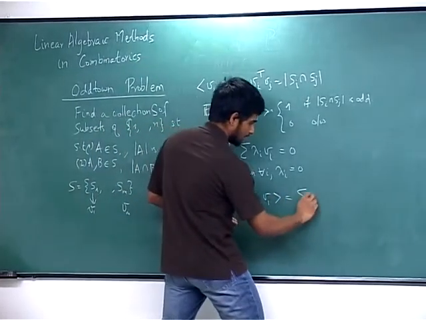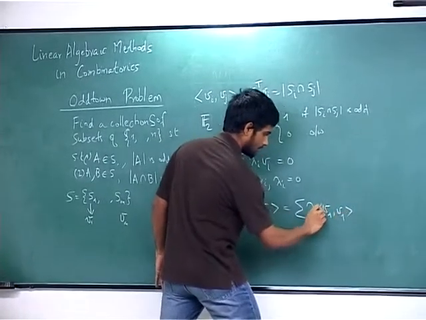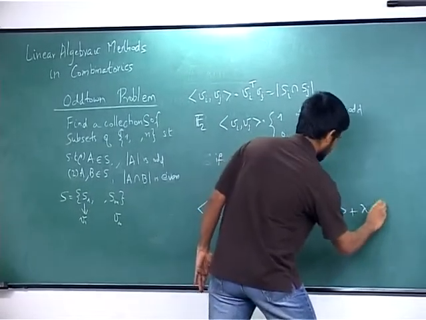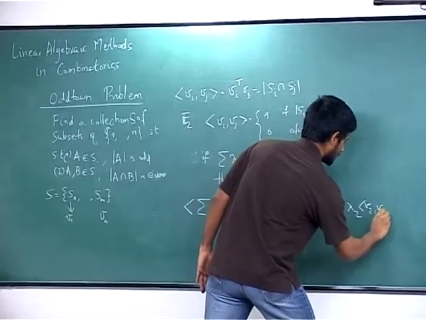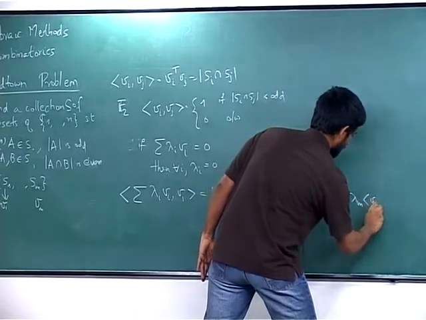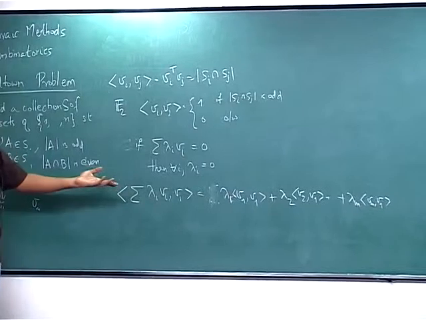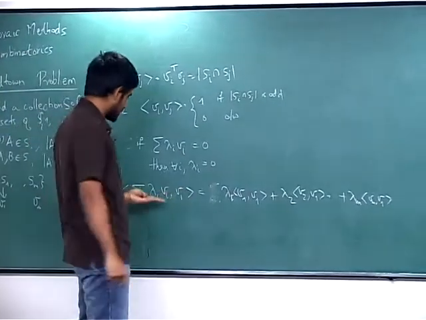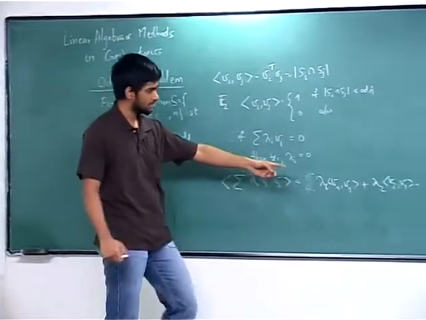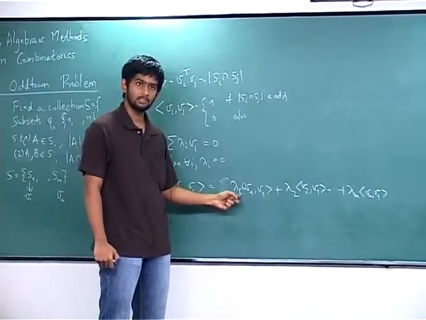This is nothing but lambda 1 V1 V1 plus lambda 2 V2 V1 and so on till lambda m, inner product Vm V1, right? But you know that these are vectors corresponding to these sets, and the sets' intersection is even. Therefore, all these inner products are actually 0.